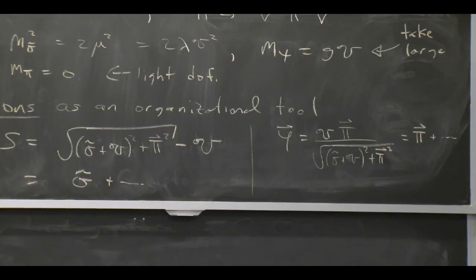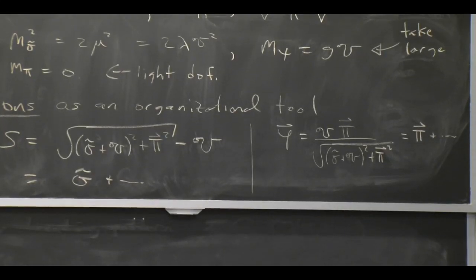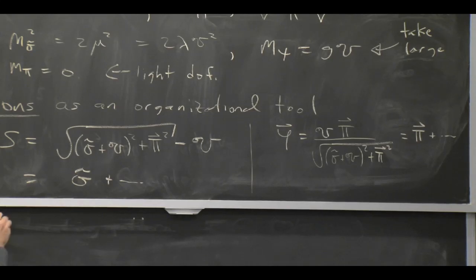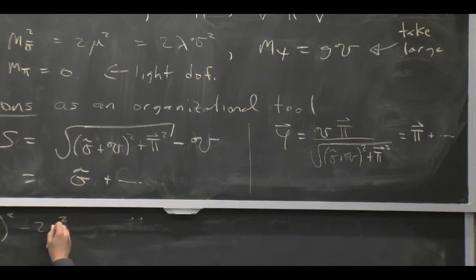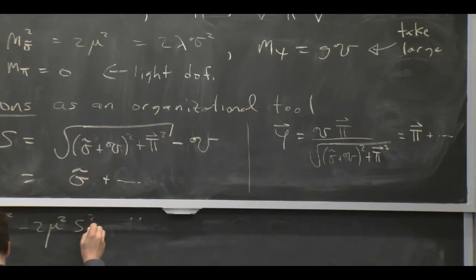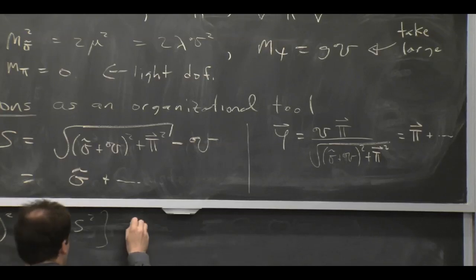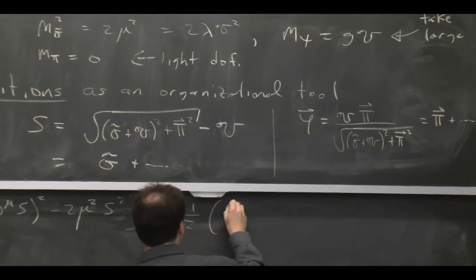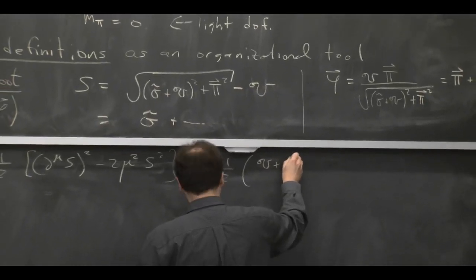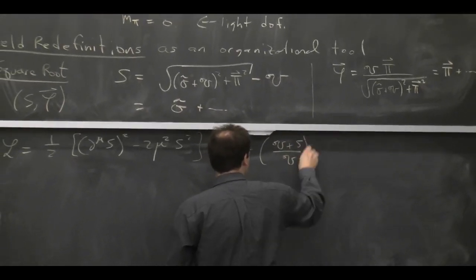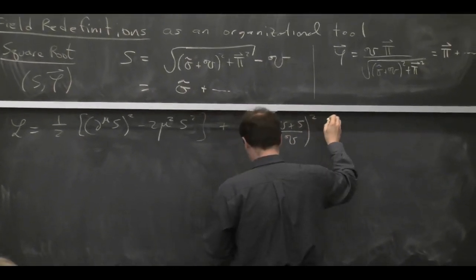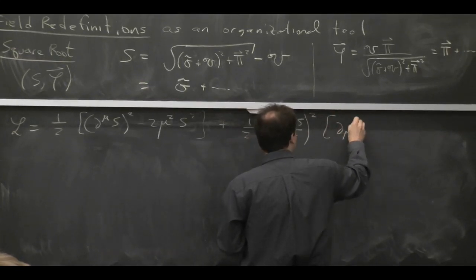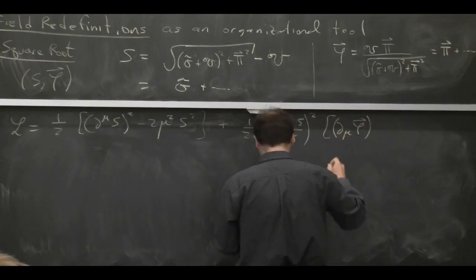So we can make that change of variable and just write out our linear sigma model again. And it's the same theory, it's just field redefined. And it looks kind of god-awful, but it's more beautiful than it looks.